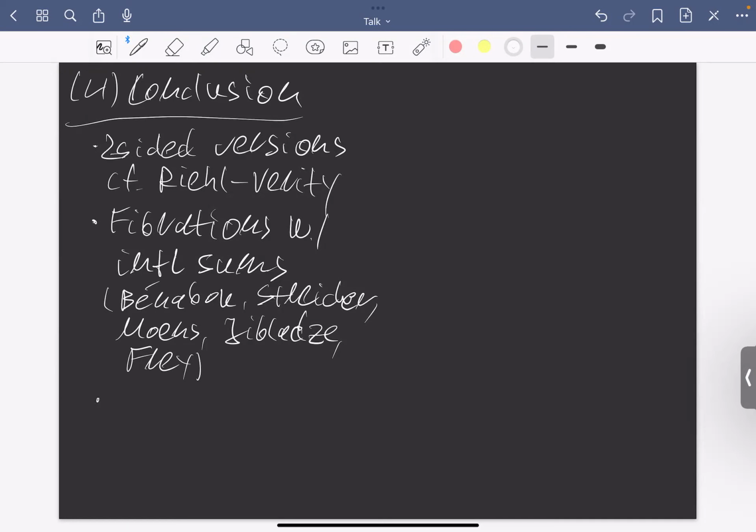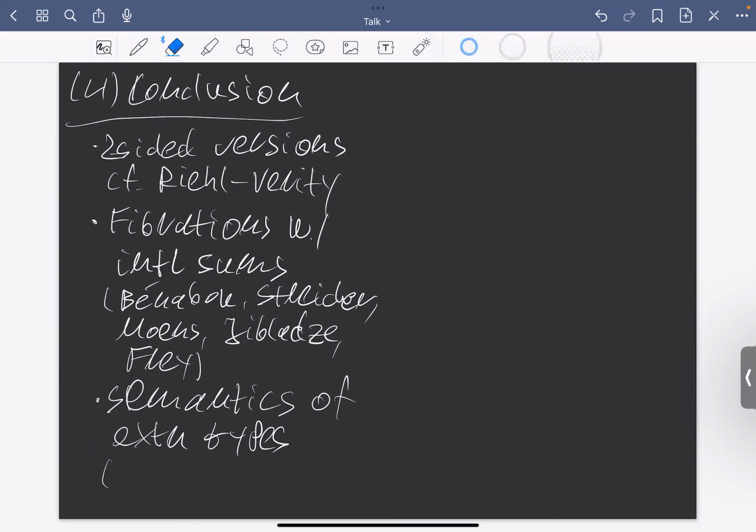And then I'm also considering a semantic consideration about these extension types that has to do with strictification, like how to strictify these type formers so that we can get an interpretation function in the appropriate sense of logic.